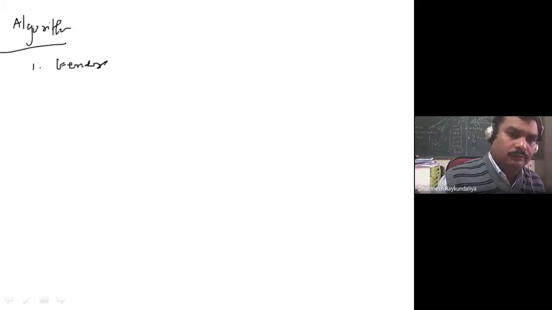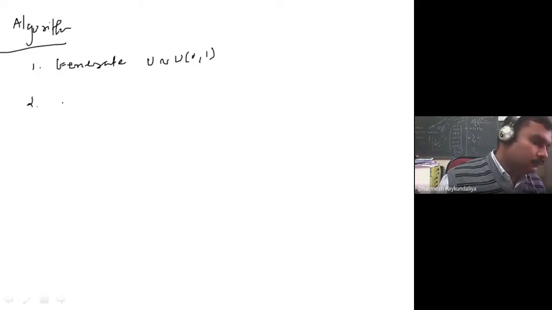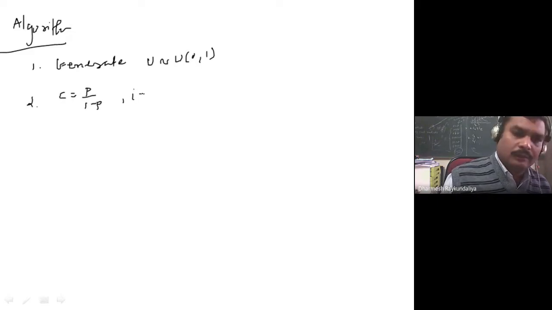So what is the algorithm? First step: generate U from uniform 0, 1. Second step: calculate C equal to p upon 1 minus p. Take i equal to 0.